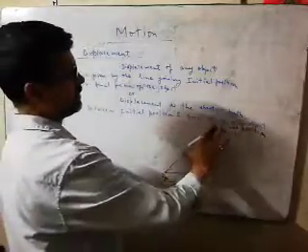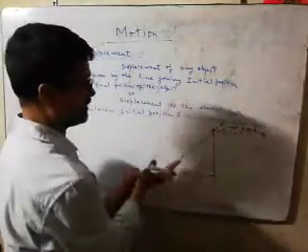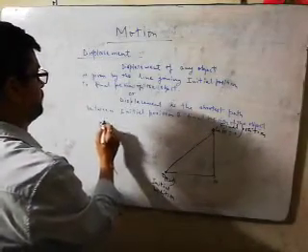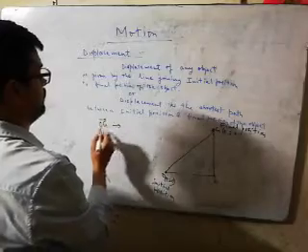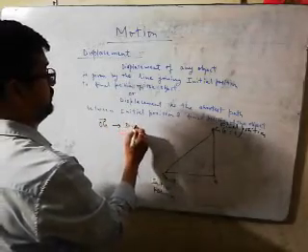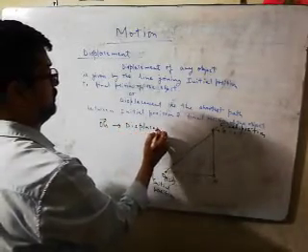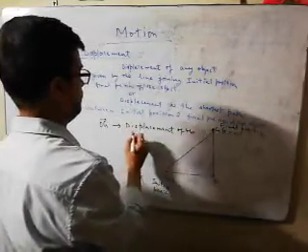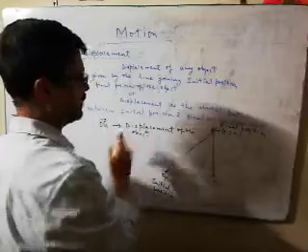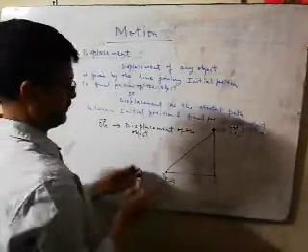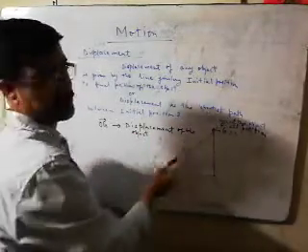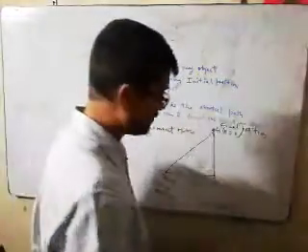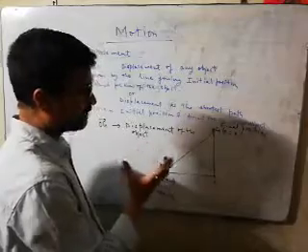This OG, this line will give you the displacement of the object. We can say OG is the displacement. But here the distance traveled, if we have to measure, that will be the actual path.